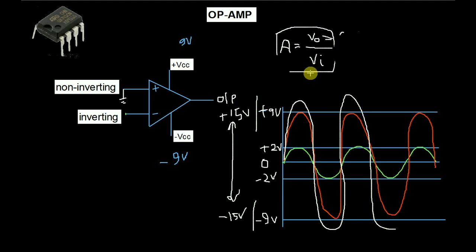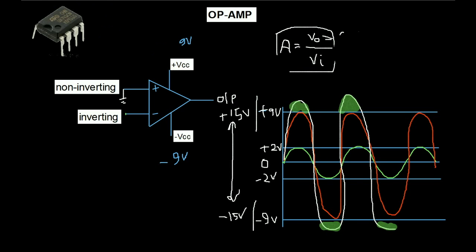So now I will not get this upper portion of this signal. It will be saturated to plus 9 volt and minus 9 volt.